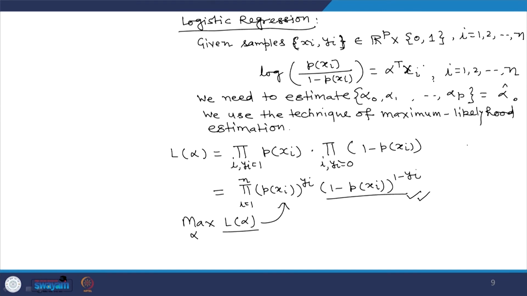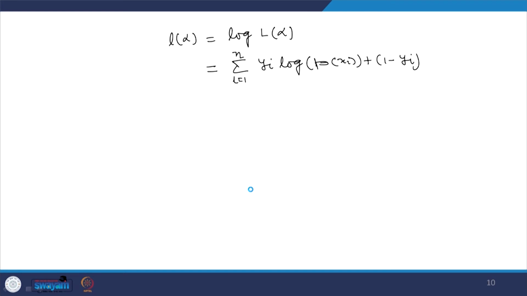In log, log a raised to power b can be written as b log a. So, I am using the same y_i log p(x_i), and this product will change into summation after taking log, plus (1 minus y_i) log of 1 minus p(x_i), or we can rearrange it a bit.